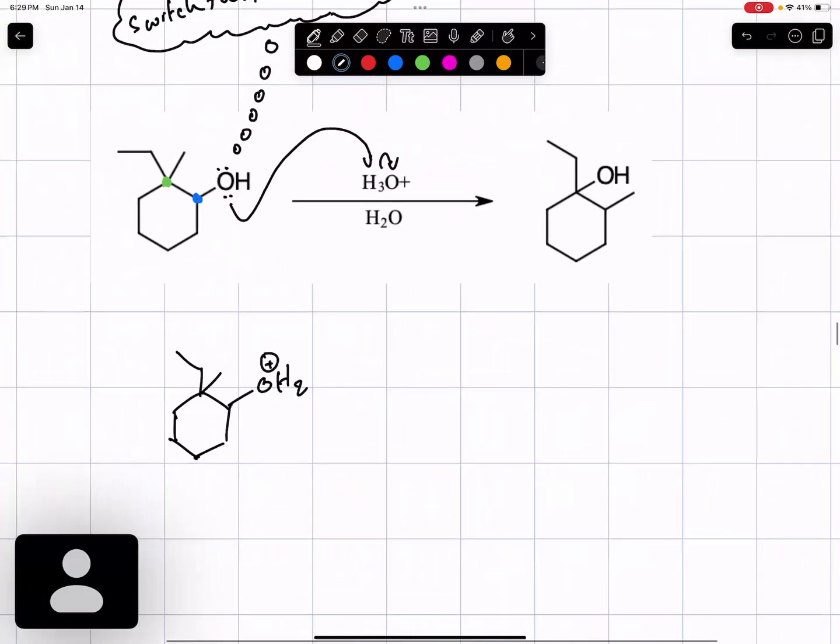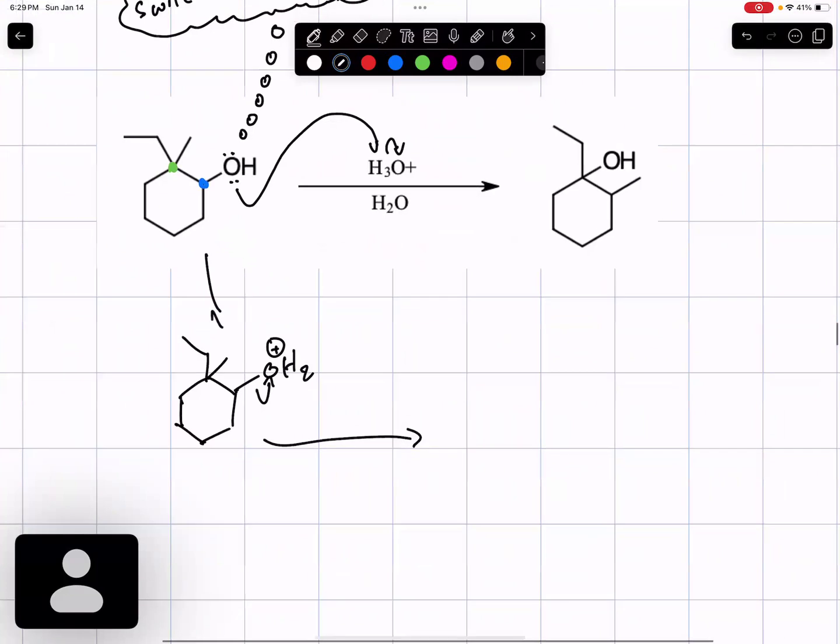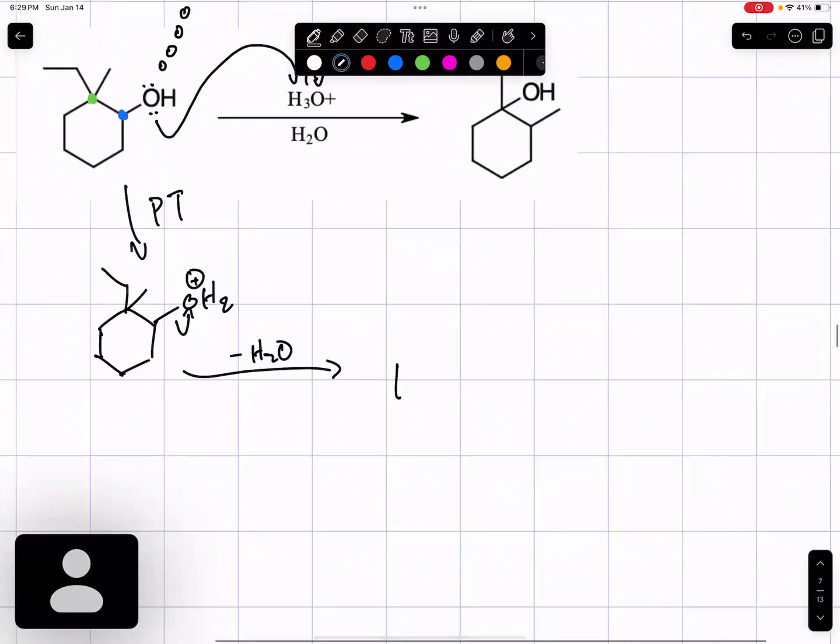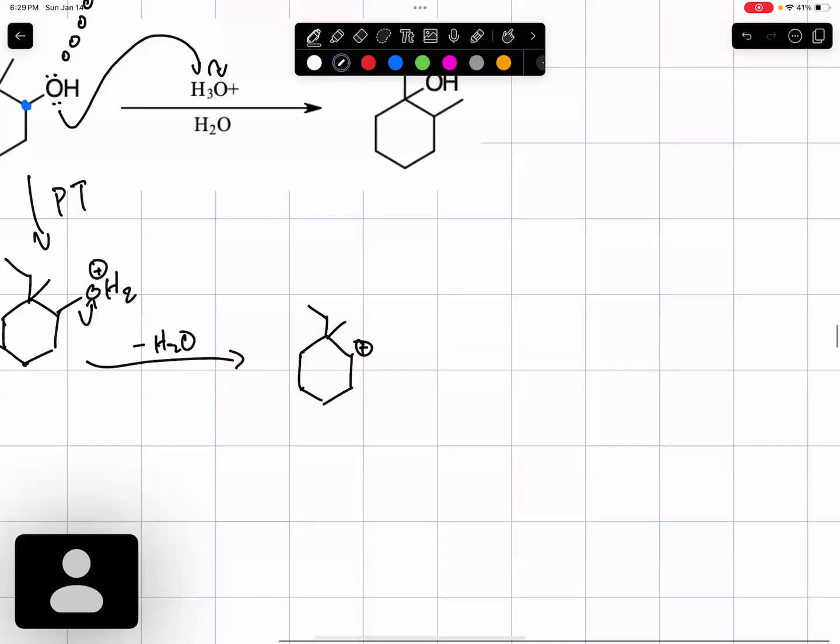Methide shift? Yes, it is. Well, first that leaves, and then there's a methide shift. First it leaves, this is proton transfer, right? Then water leaves. Leaving in its place is a secondary carbocation. And then, yes, you are right, it's a methyl shift.